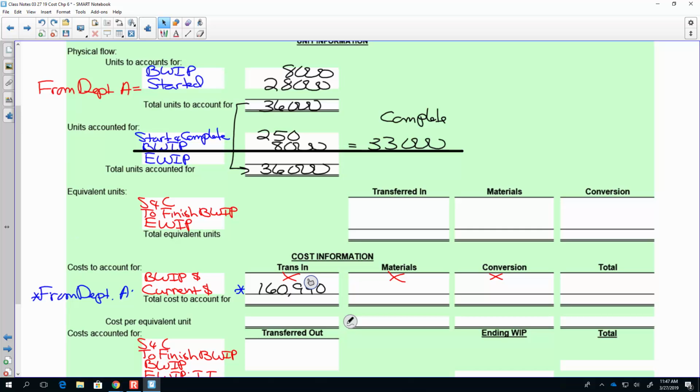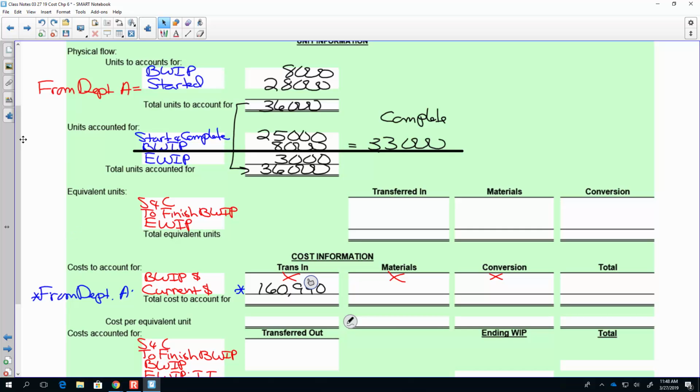Excellent. 25 plus 8 gives me the 33. So what must be my ending units? 3,000. 33 plus 3,000 gives me 36. We've got it done. Right?